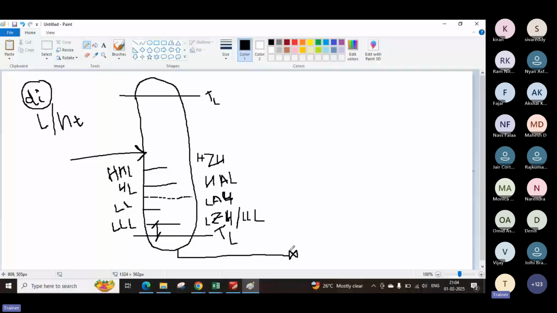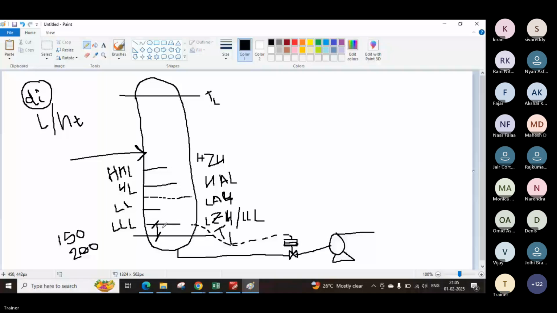Suppose you have a shutdown valve here, then a condition is given that it will trip this valve or it will trip the pump. So this low liquid level is generally 150 to 200 mm above the tan line. Okay, this is the major one.